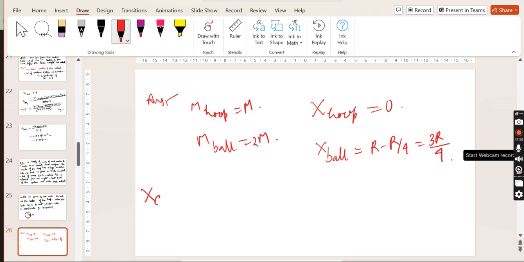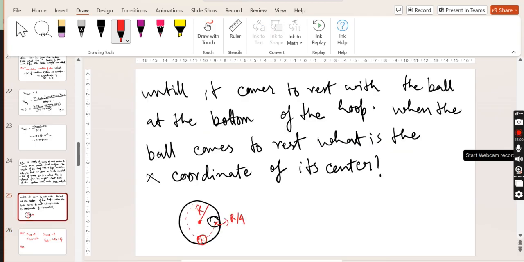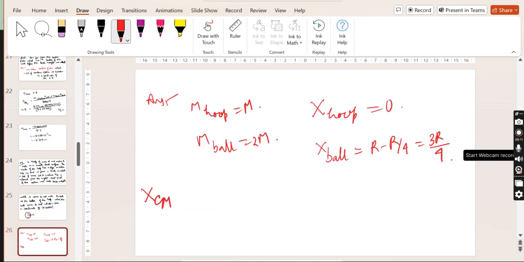So we need to calculate the center of mass. Where will the center of mass be? If it moves in this direction, it is still the x direction, and the x will be the same. So it doesn't matter if it is at the right or at the bottom.